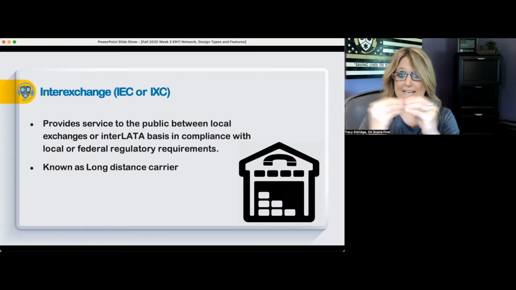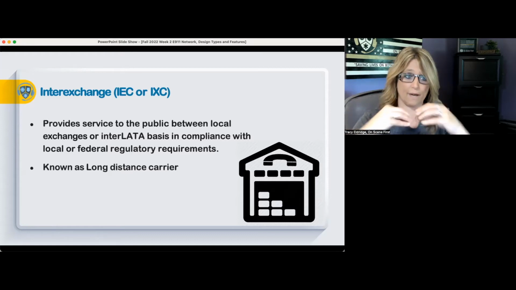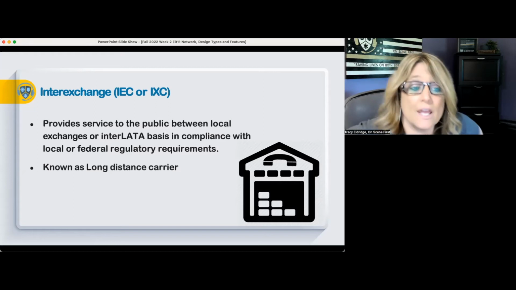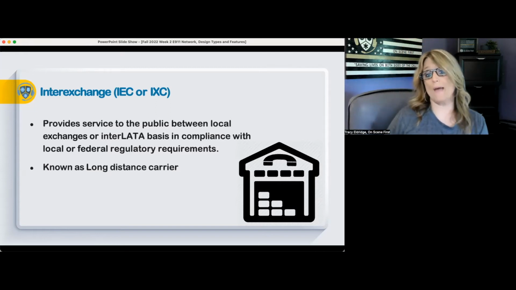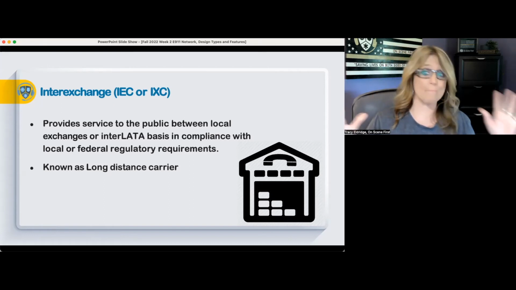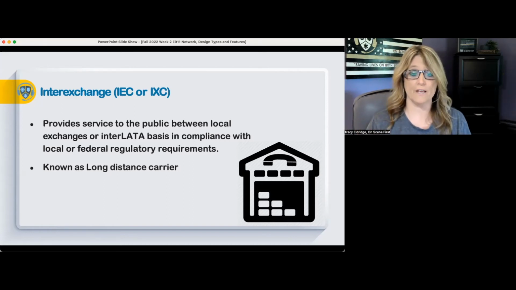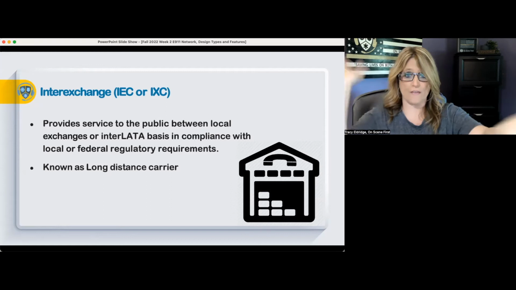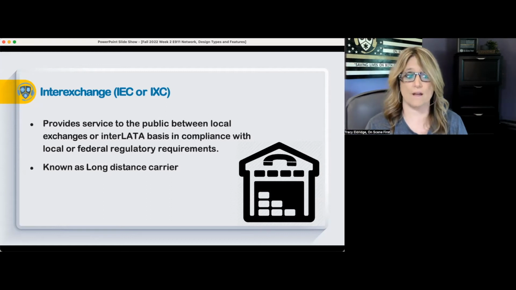So somebody had to connect my local carrier with the long distance carrier. If you remember way back in the day, maybe I had Verizon for my phone system, but I had Ma Bell for my long distance carrier. This inter-exchange place is where your local carrier and your long distance carrier switch off, and then the long distance carrier will send that call on to where it needs to go. So there you go.